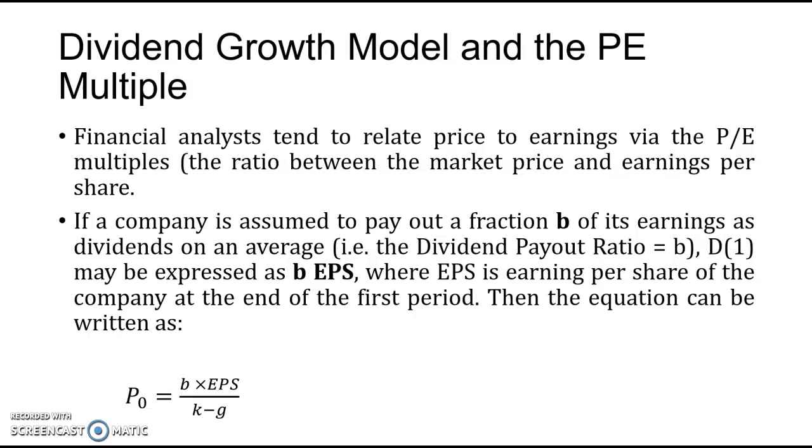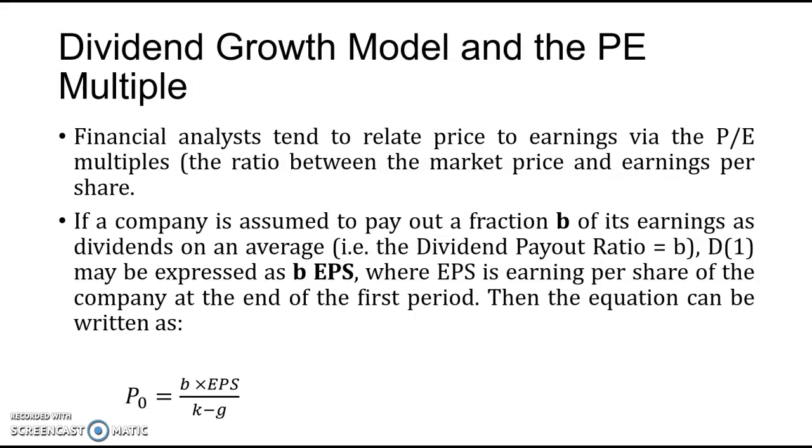If a company is assumed to pay out a fraction B of its earnings, you must assume that it is not possible for the company to distribute everything it has earned as profit to its shareholders. Some of the profits are retained, which is termed retained earnings. You have learned this in financial management. Only part of the profits are distributed among the shareholders as dividends.